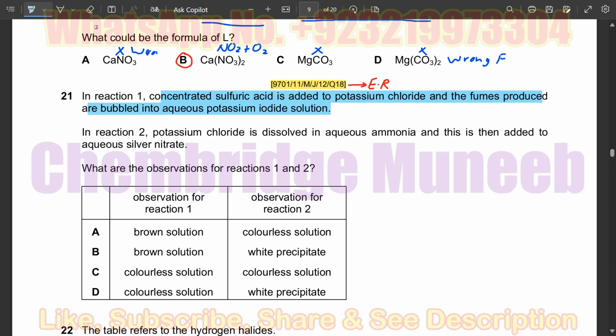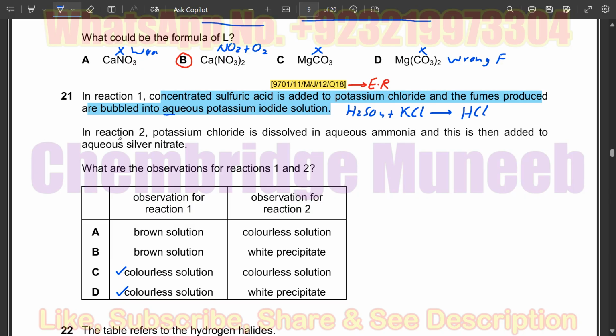So basically what is happening here is that we will react H2SO4 with KCl and this will produce HCl. If this is produced, then the observation of reaction 1 should be colorless, since it is a colorless solution. The acid can easily dissolve in the water, so in aqueous solution it will be colorless.